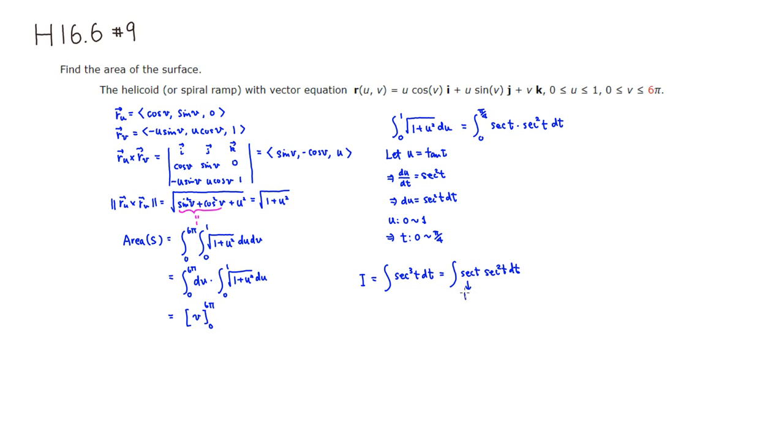The derivative of secant is secant tangent. The antiderivative of secant squared is tangent.